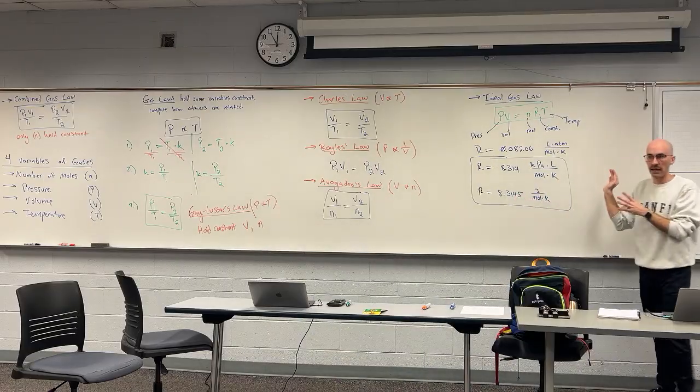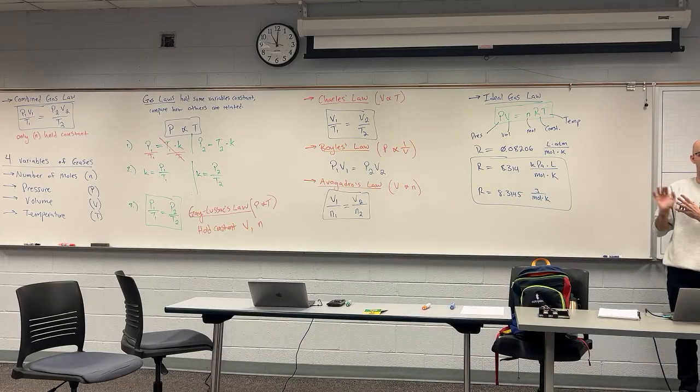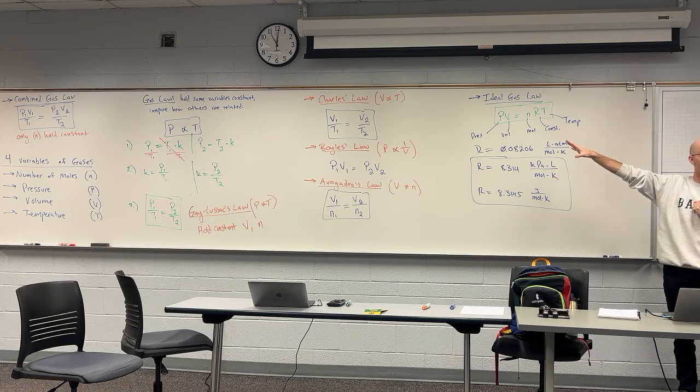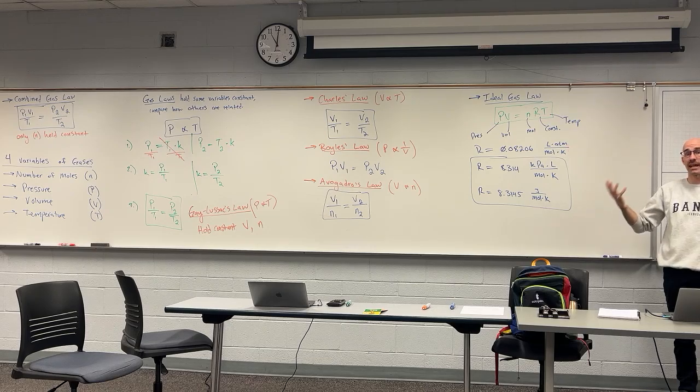Which of these is not like the other? Which of these is not like all of the others? The ideal gas law analyzes one instance of a gas. All of the other gas laws analyze some change that a gas is going through.